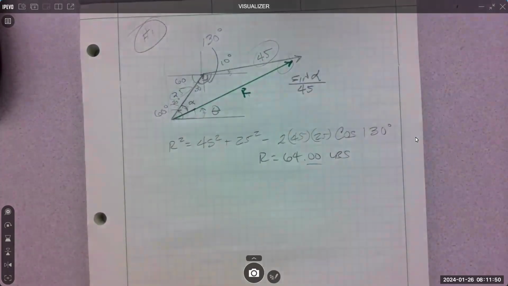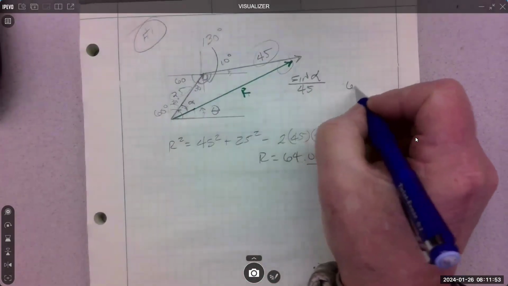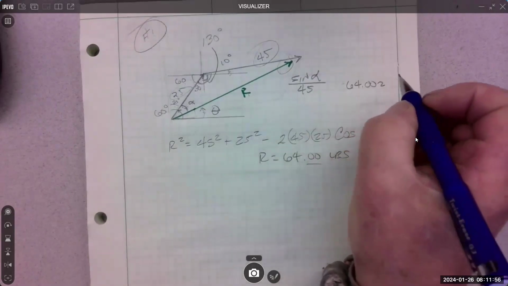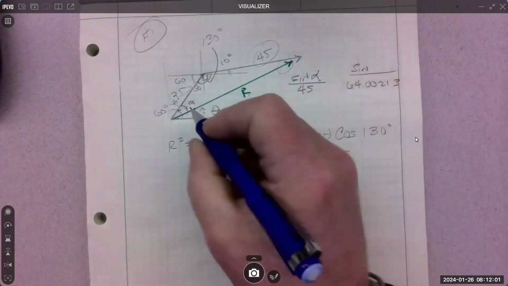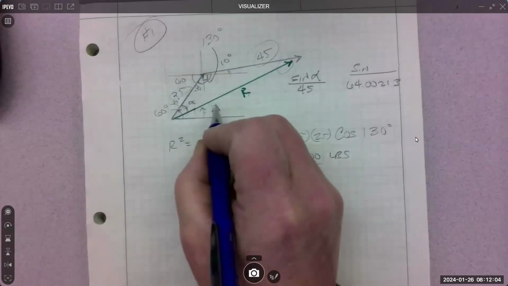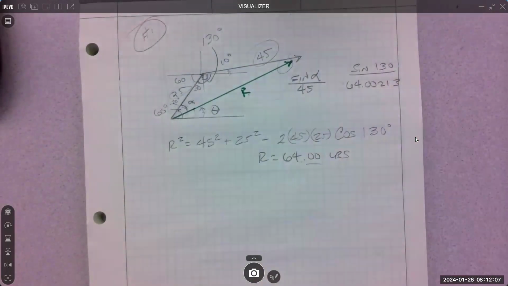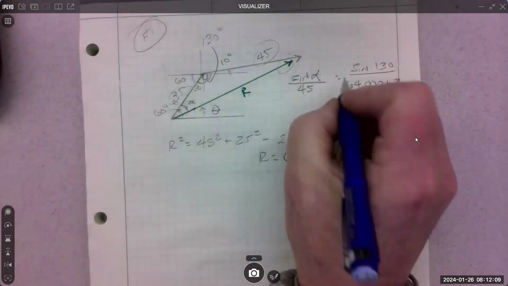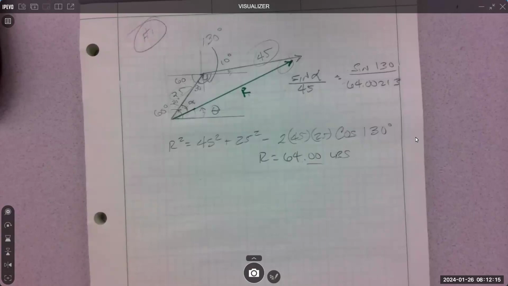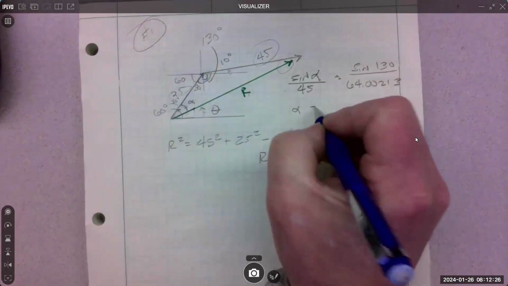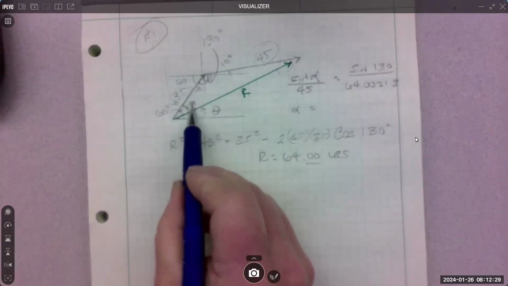And then I'll use R again. 64.00213 over the sine of 130. That gives me alpha, which is this thing right here.